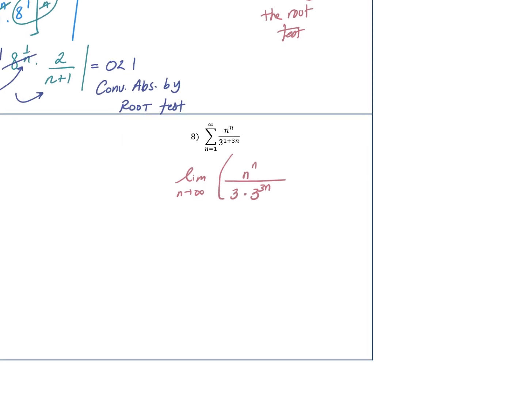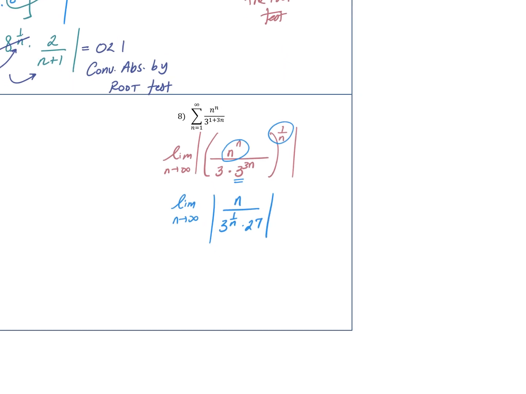And I'm going to raise it to the 1 over nth power, which is the same as taking the nth root. So I'm going to simplify. This would cancel with this to get n. I get 3 to the 1 over n. This is 27, and then the n's are going to cancel, so I get times 27.